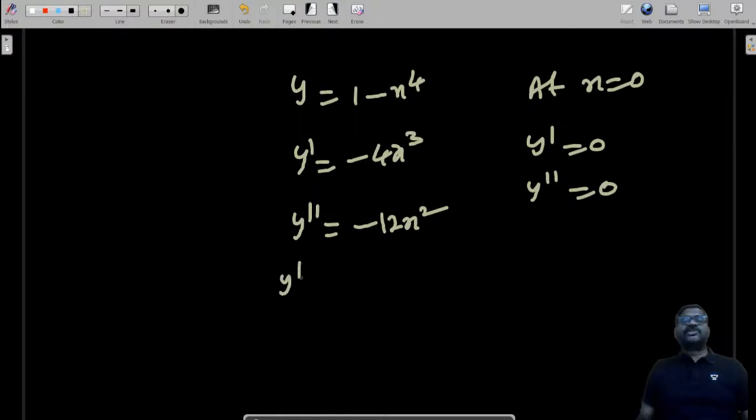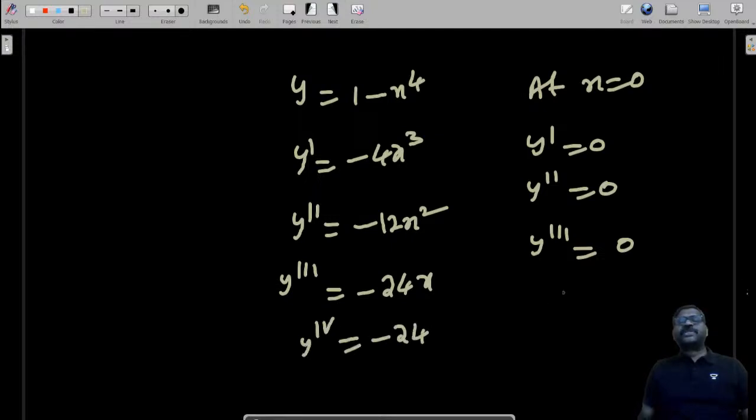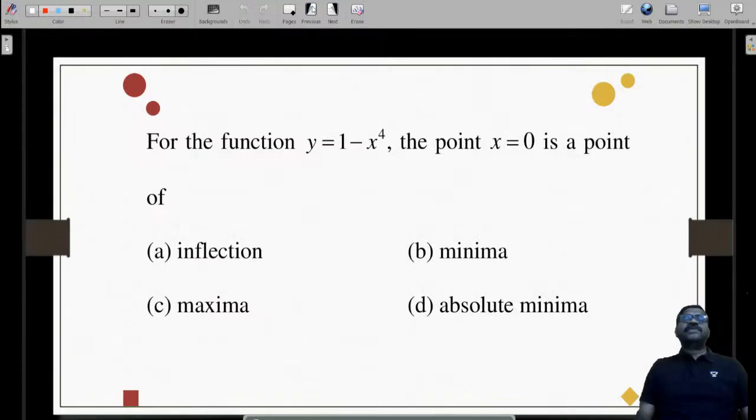If y triple dash is non-zero, then it is a point of inflection. But y triple dash is 24x, which is also 0 here. That's why calculate the fourth derivative. The fourth derivative is minus 24, negative. Negative means it attains maxima. The even derivative is negative, therefore the function attains maxima. Maxima is the correct answer.